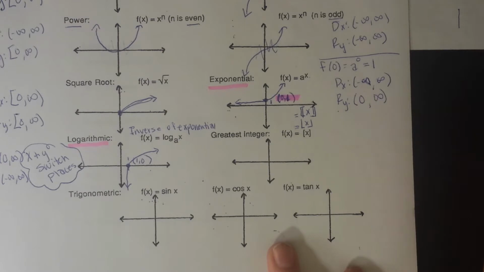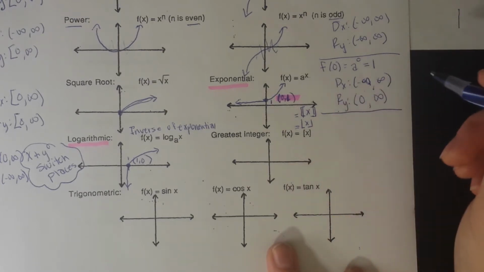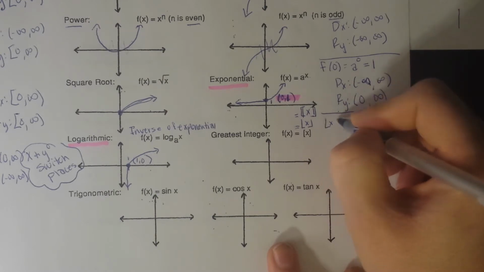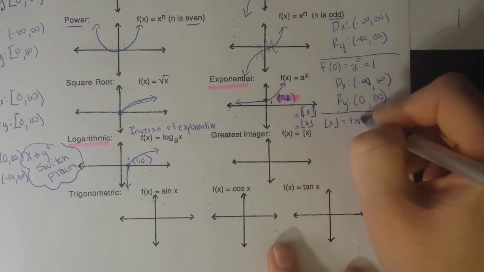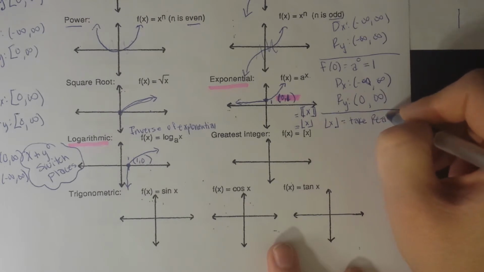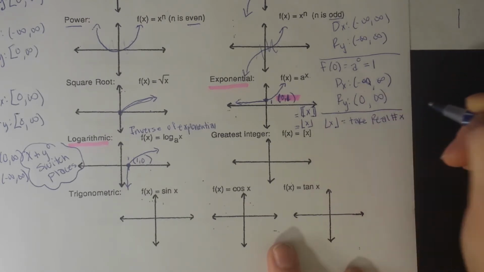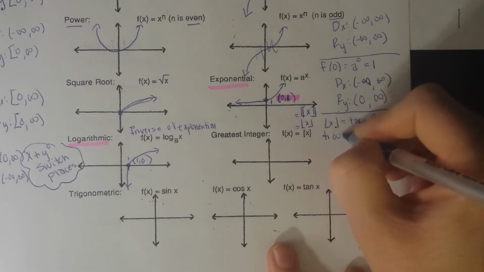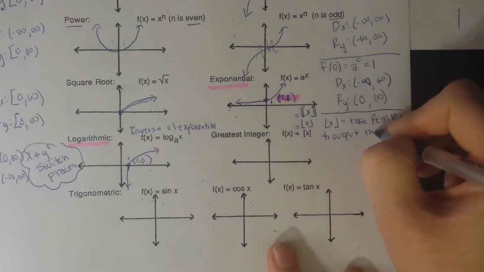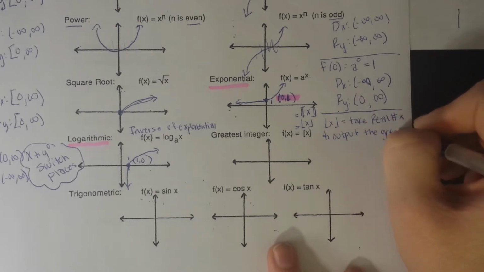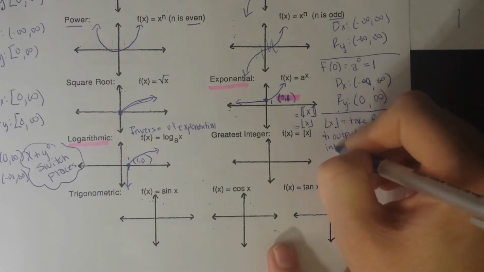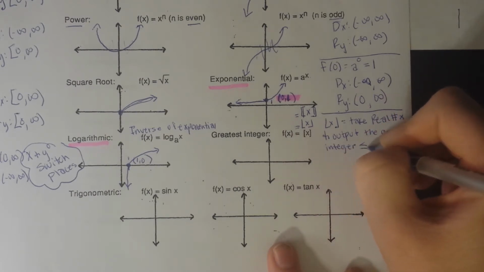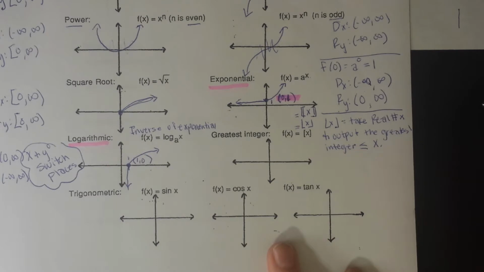And the greatest integer basically says take any real number x and it will output the greatest integer less than or equal to x.